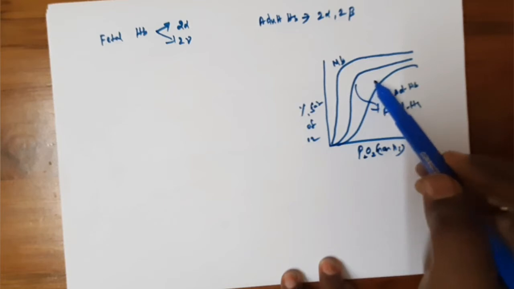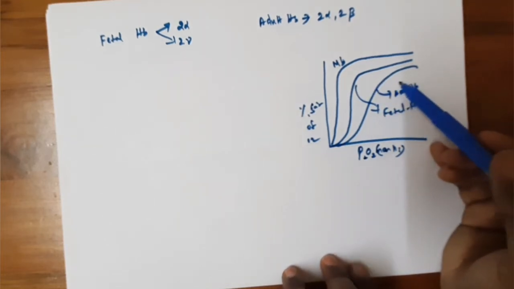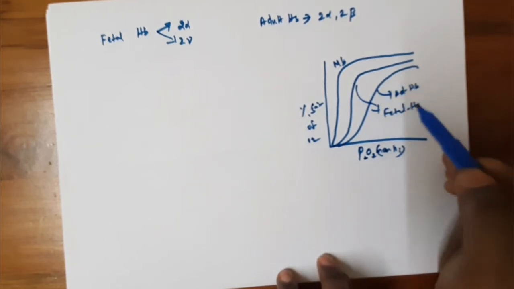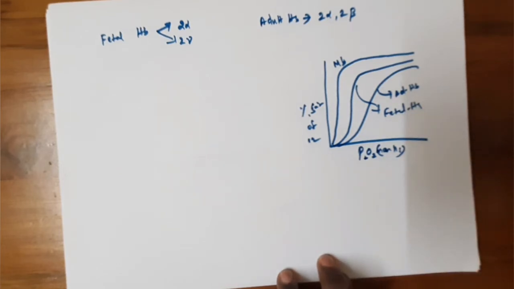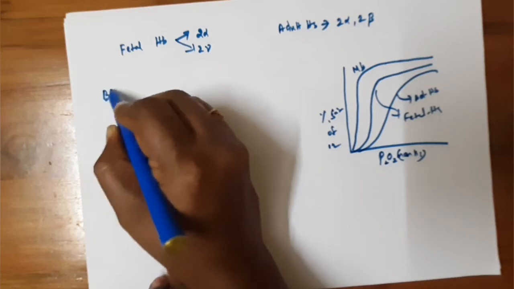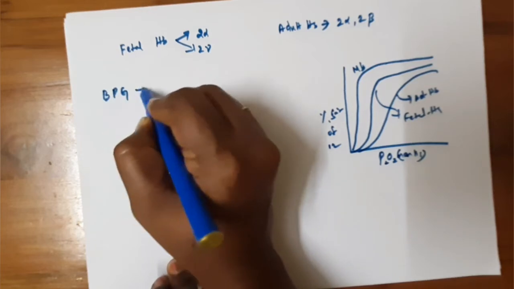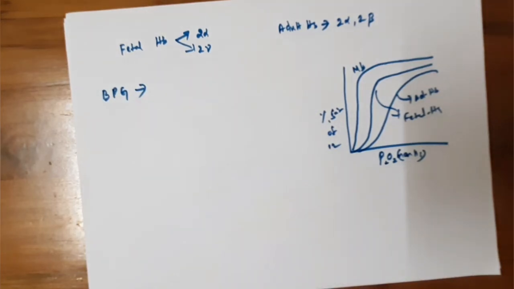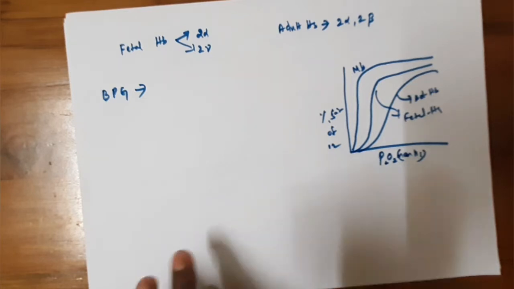Why does it have high affinity for oxygen? In adult hemoglobin there is a naturally existing product called BPG. So BPG is bisphosphoglycerate.